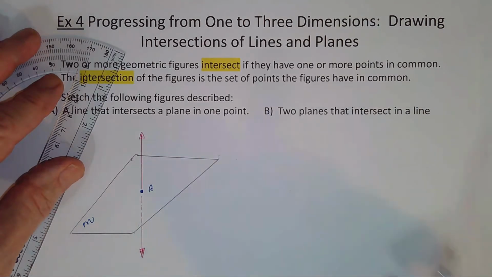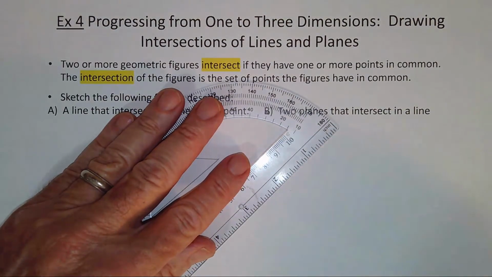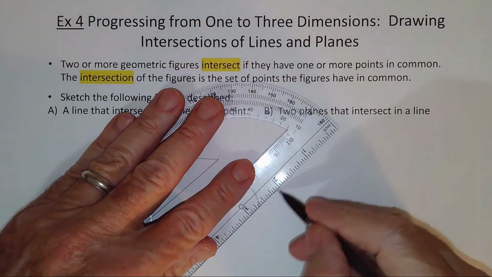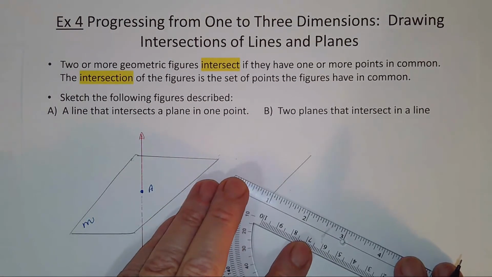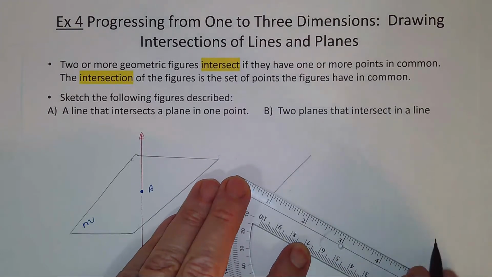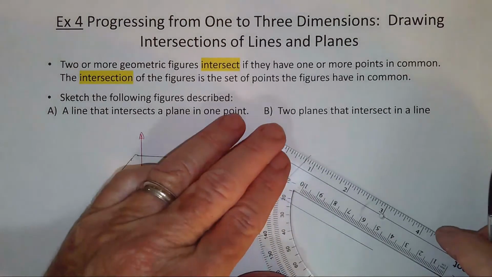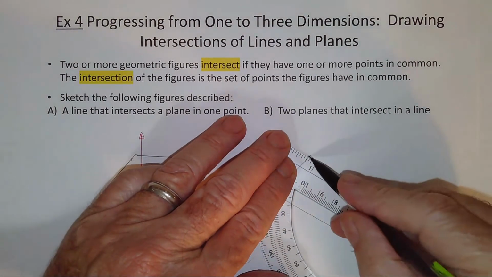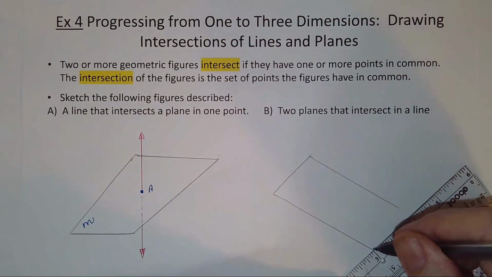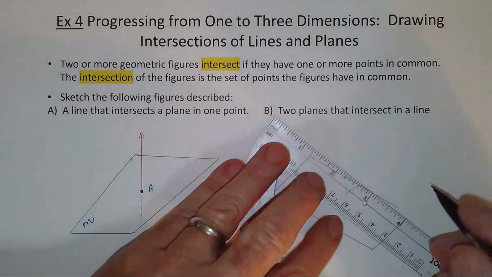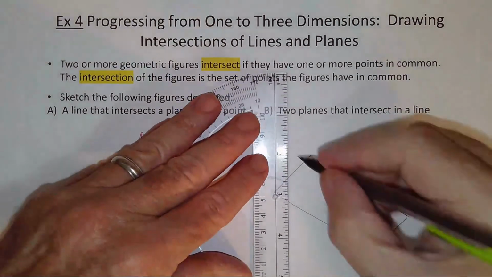Now, two planes that intersect. Let's see if I can do this. I don't have this perfect, but you get the idea. And then I've got one that maybe goes like this.